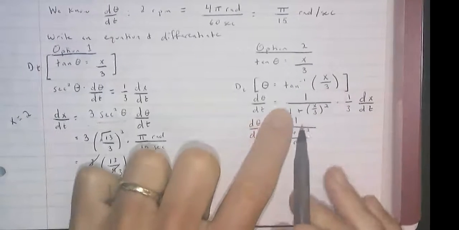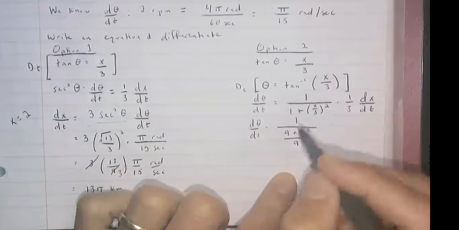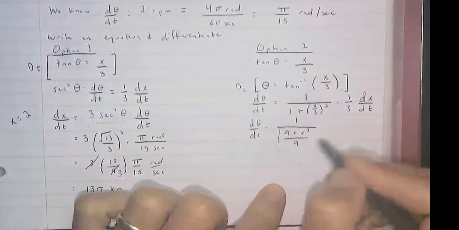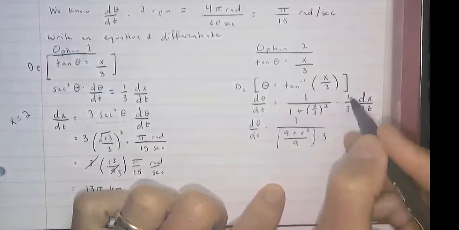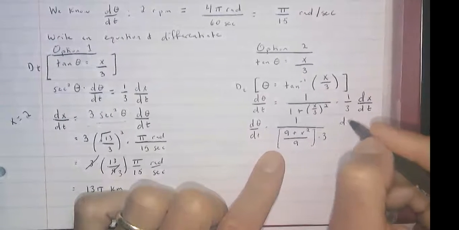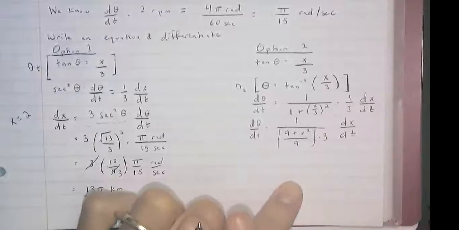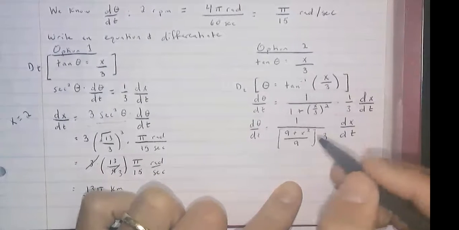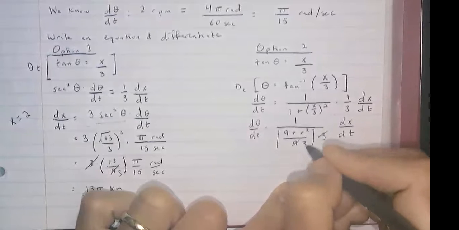So I turn the 1 into a 9 over 9, so I combine those things. And then this is all being multiplied by 3 on the bottom. The 1/3 gets distributed in there. Still times dx dt. The 3 and the 9 will simplify.